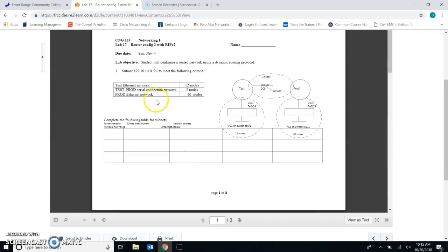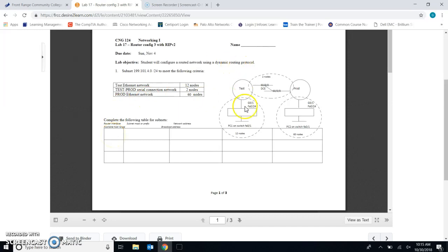If you look at this one here, we have a test Ethernet with 12 nodes, and a prod network with 60 nodes. Oh, that kind of scrunched down, didn't it? But what you have to remember is the router interface. We've got to mark that down, right?